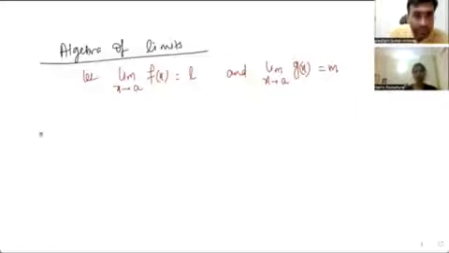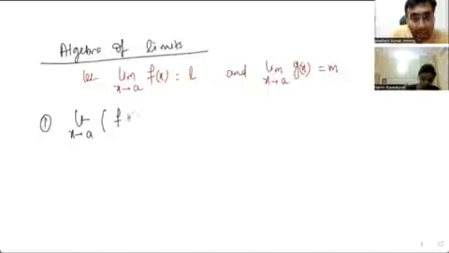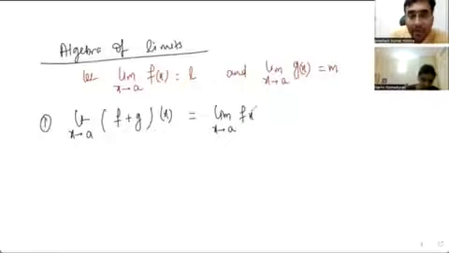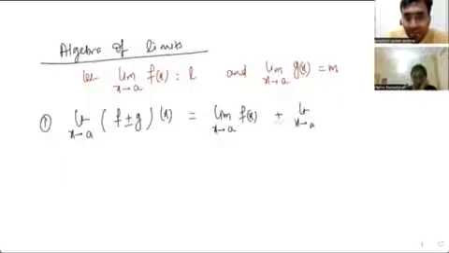How will we do that? The first property is limit x tends to a, f(x) plus g(x) equals limit x tends to a f(x), or minus also if it is. The positive and negative sign basically means we can separate the limits: limit x tends to a f(x) plus limit x tends to a g(x).